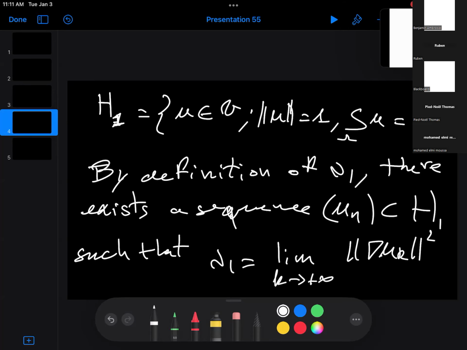Okay, that's by definition of the inf. All right. So is everything okay up to this point?